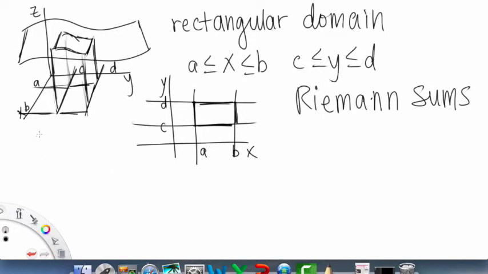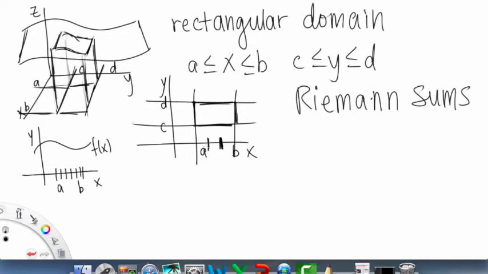So remember, okay, I'm going to backtrack a little bit. And remember in the one-dimensional case, when we would have some f of x, right? And then from a to b, for Riemann sums, we would divide our interval from a to b into small little ones, right? So we're going to kind of do the same thing here. Let's say I'll just make it 3 big subintervals just for visual purposes.